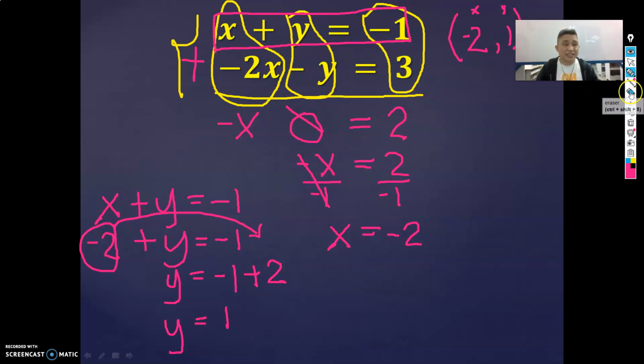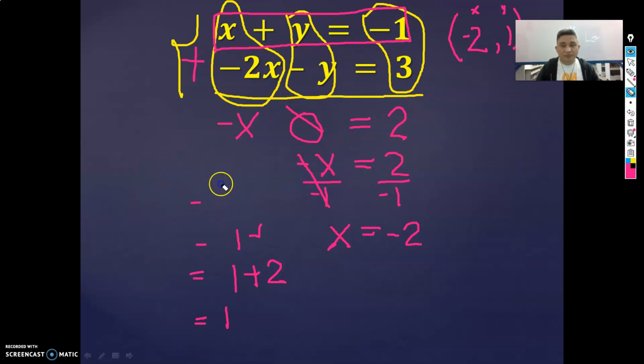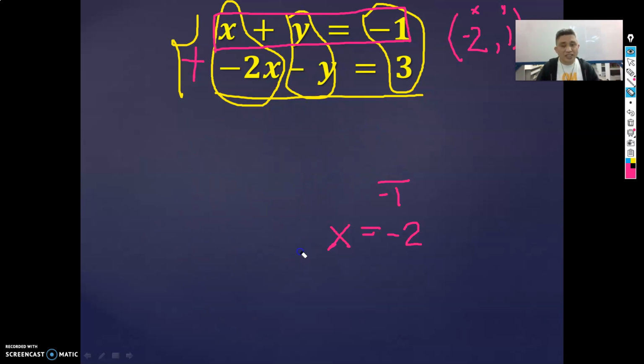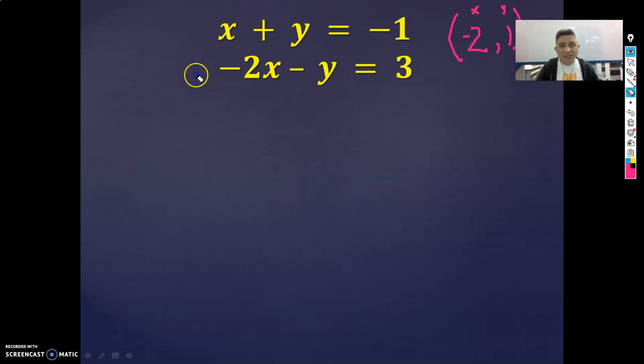So, checking natin. So, burahin muna natin ito. Okay. So, one thing about this topic is dapat eksakto siya. Pag hindi eksakto yung mga ginawa natin na solution, hindi siya tatama. Okay, so checking natin. So this is the symbol for checking. So the first step is to write the first equation.